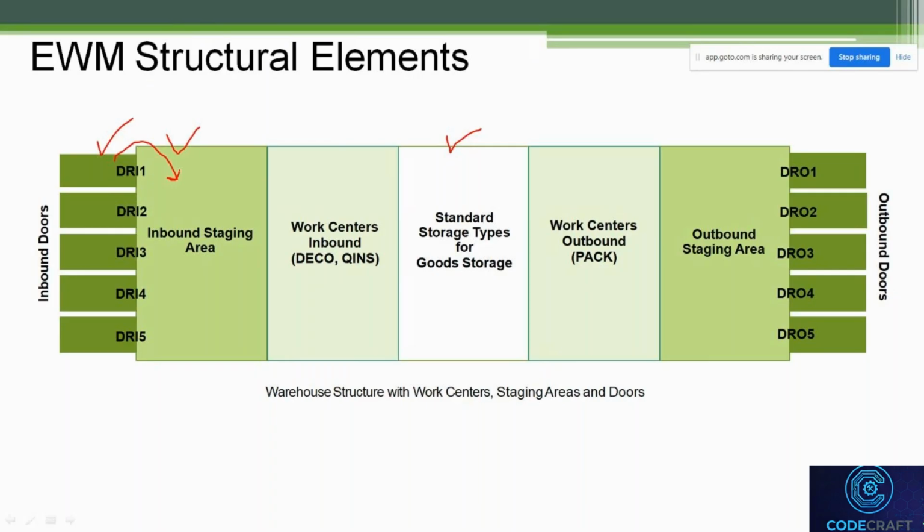Okay, so the goods receipt is posted. The stock is there in the staging area. It's still not there in the final location. They have just unloaded it, just taken it out of the truck. But once we take it out of the truck, where do we keep it? So basically, we have different staging areas. If the truck is here, we may create a bin here to keep the stock.